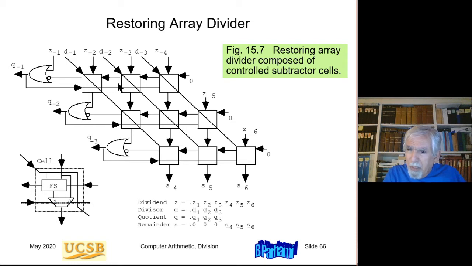It's drawn in this way, but I could have drawn it as a square array by simply shifting the rows a little bit to the left to make it into a square, and therefore easily laid out on a square chip area. Each of these square boxes in this design is shown here. It's basically a full subtractor and a multiplexer.